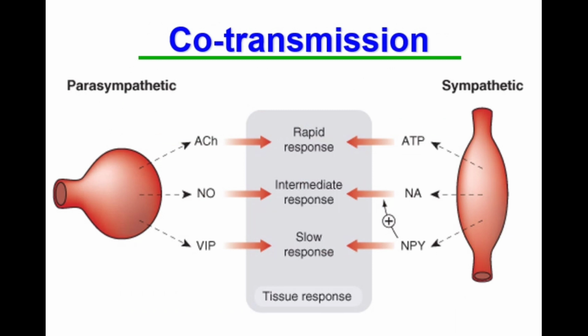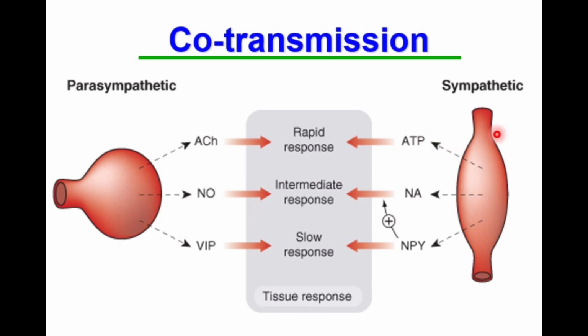Another complex situation is the existence of co-transmission in the autonomic nervous system. Simply, when sympathetic or parasympathetic neurons are stimulated, more than one neurotransmitter is released from the nerve terminal.